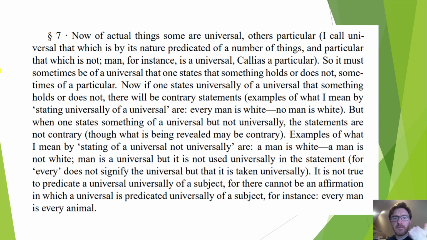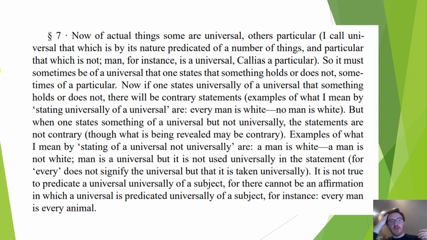That's a false statement about the universal. But we could state of a universal, we could talk of a universal, not universally, because we could pick out a particular member of that class. So we say a cookie has chocolate chips. There is a cookie that has chocolate chips.